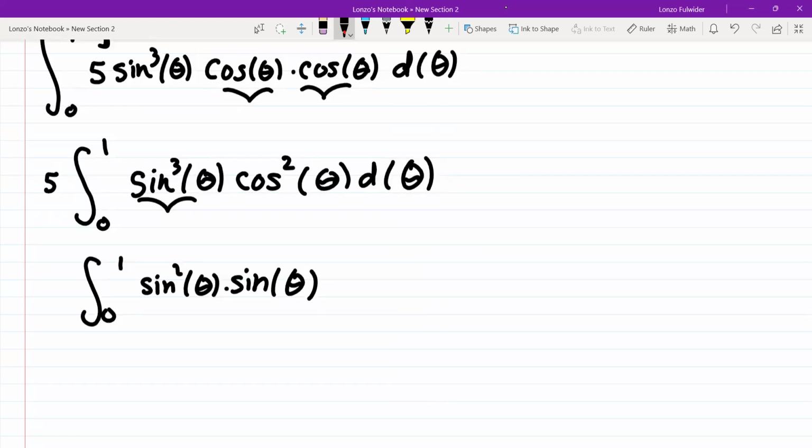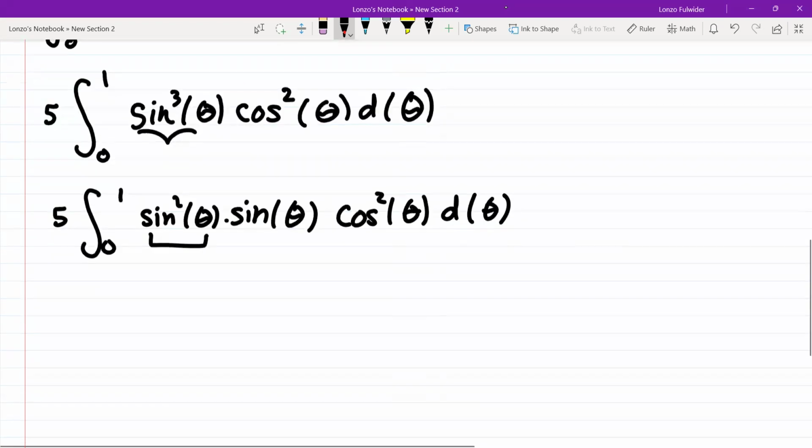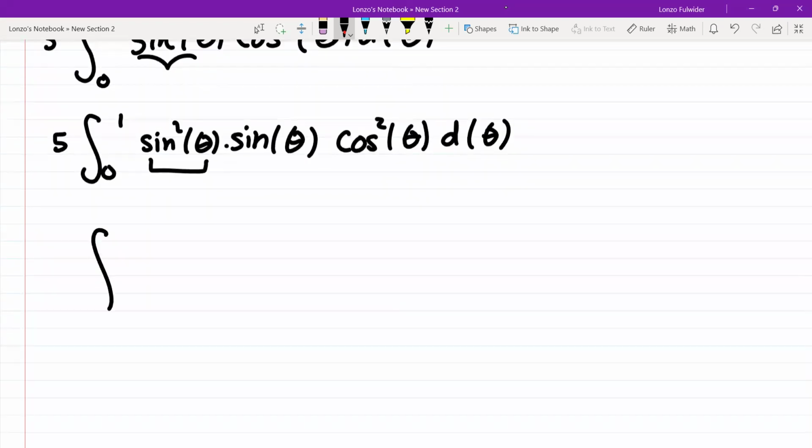And then maybe we should leave the cosine squared theta alone. And we still have to take out this 5. Now we can use one of our substitutions. We can replace sine squared theta with 1 minus cosine squared theta, right? So that's what I'm going to do.